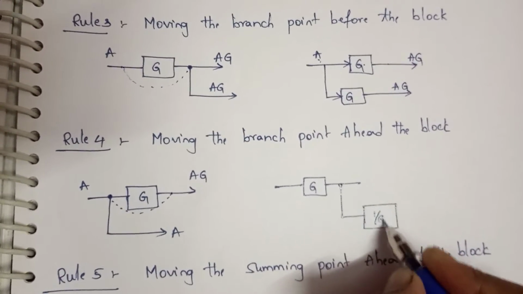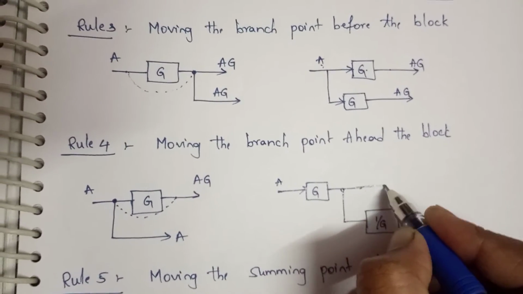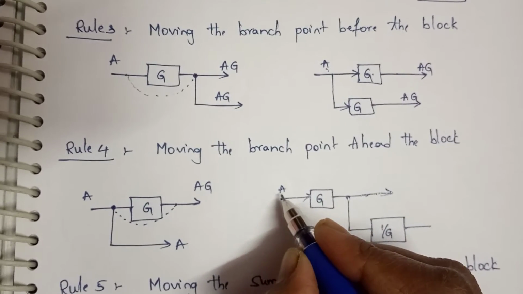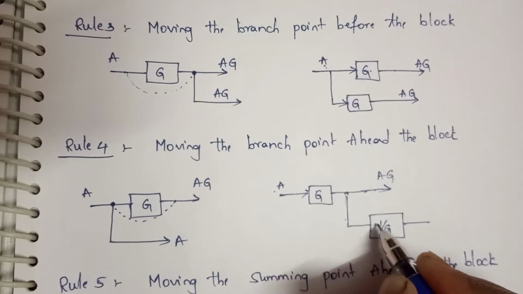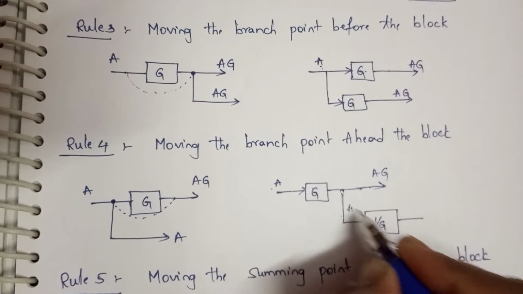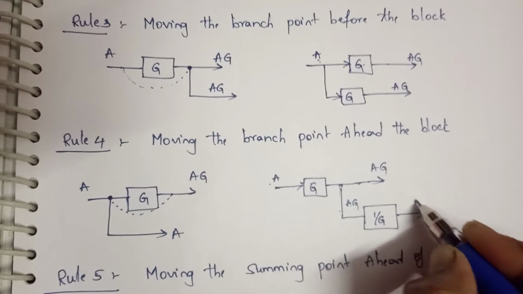That becomes 1 by G. This is the input A, and here we get A into G, and here we get AG, and here the output becomes AG by G. So the output is A.